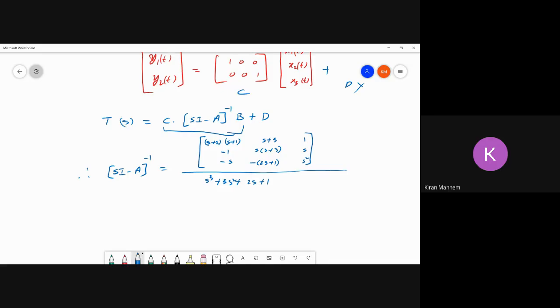So now you substitute, multiply with C and B, you finally get your T of s would be something like this: s plus 3 here, 1 here, minus (2s plus 1), and this is s square, divided by s cube plus 3s square plus 2s plus 1. Right? So with this, I completed the 5th unit.